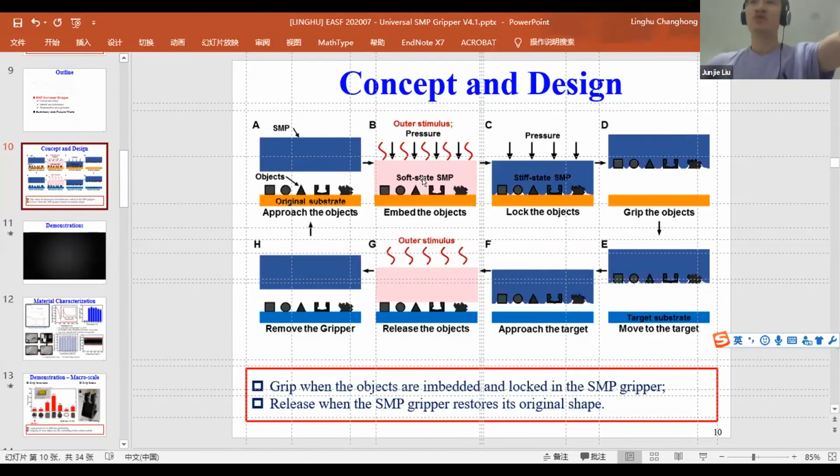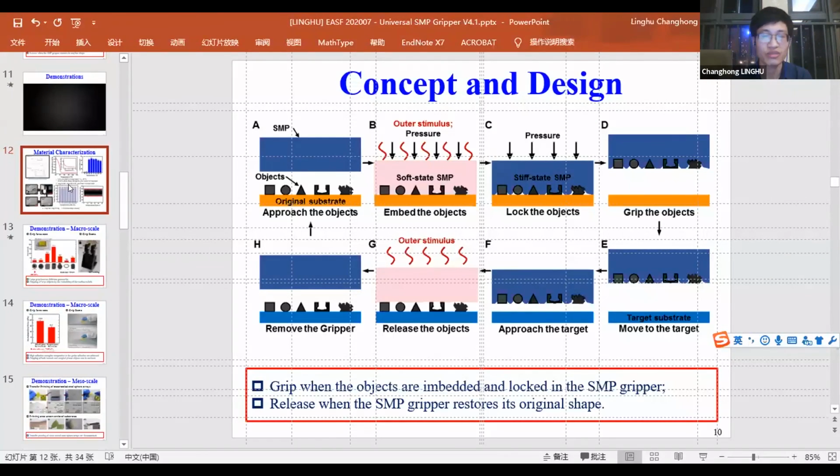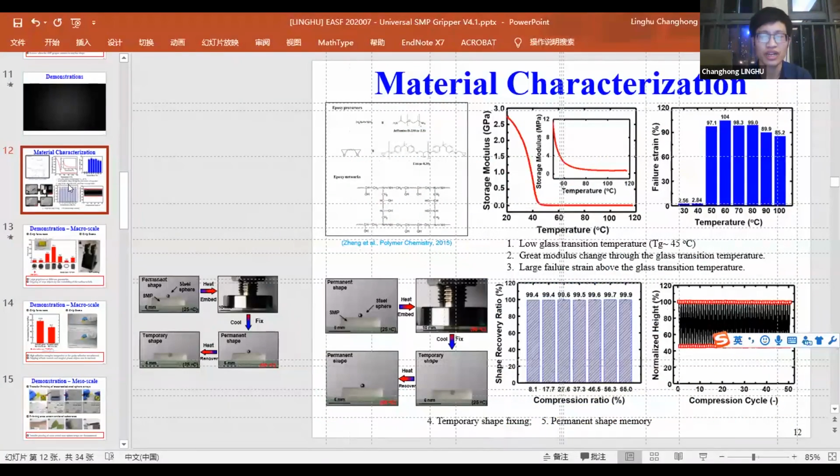Hello, Linghu. I have a question. If the target object is too sharp, could it cause fracture or damage to your gripper? I think there should be, but in our experiments, we tried to avoid this kind of condition.